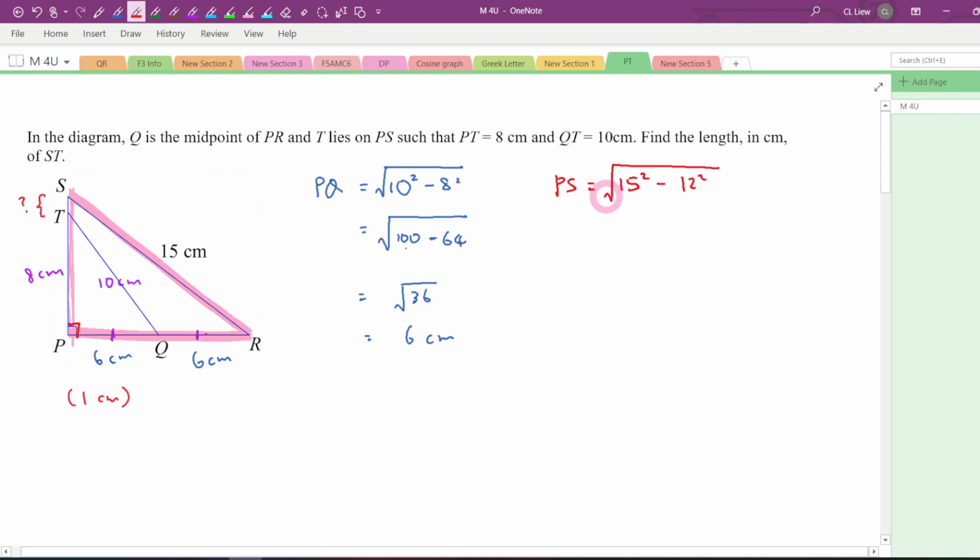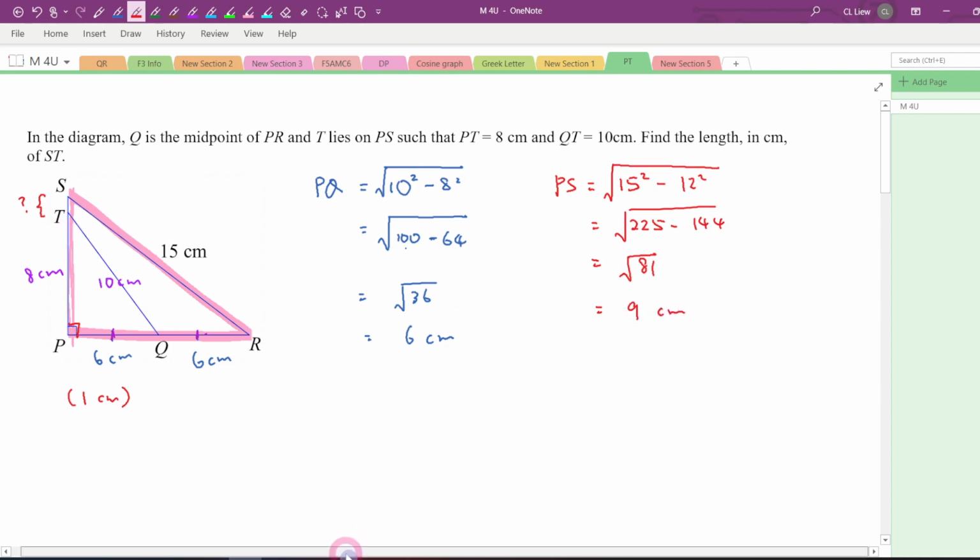Square root this whole thing. So this is 225, is that correct? 15 square is 225. And this is 144. Okay, you will get 81 over here. Square root of 81 is equal to 9 centimeter.